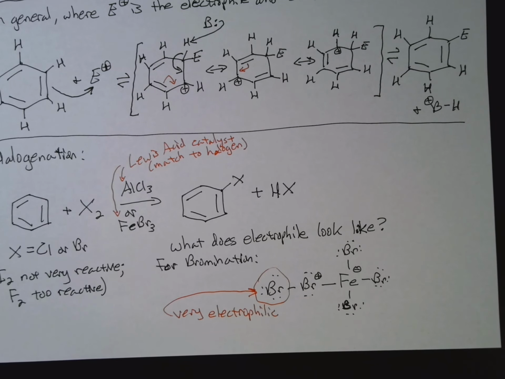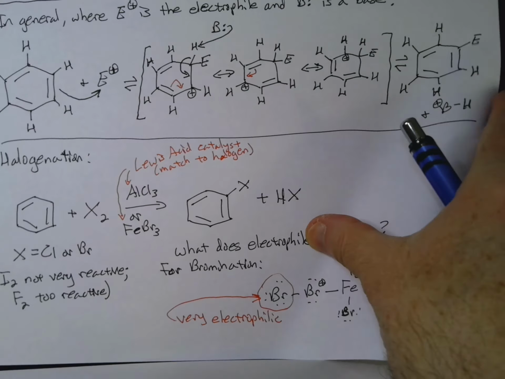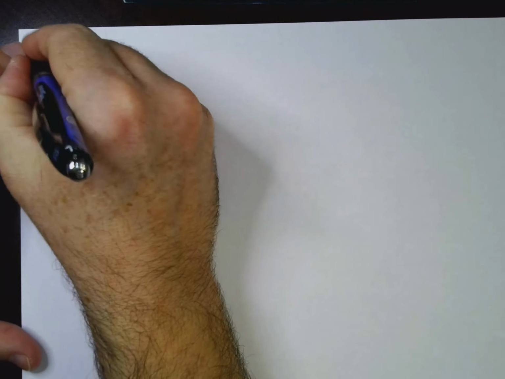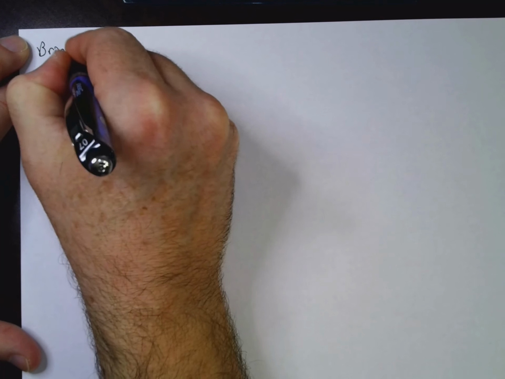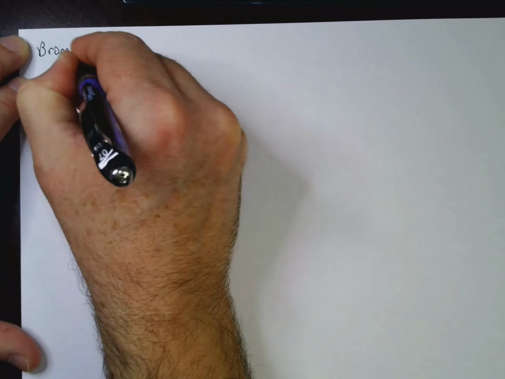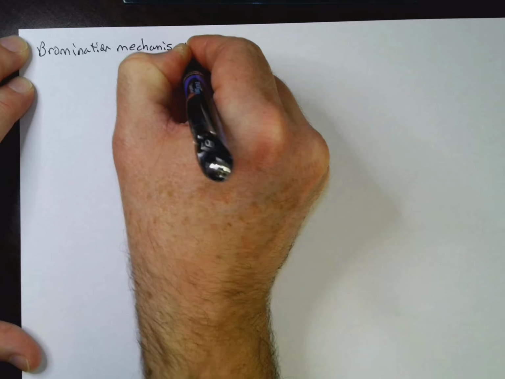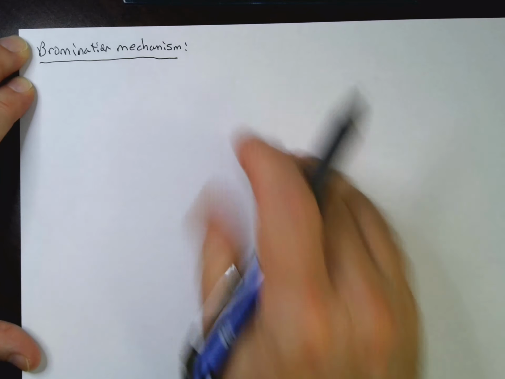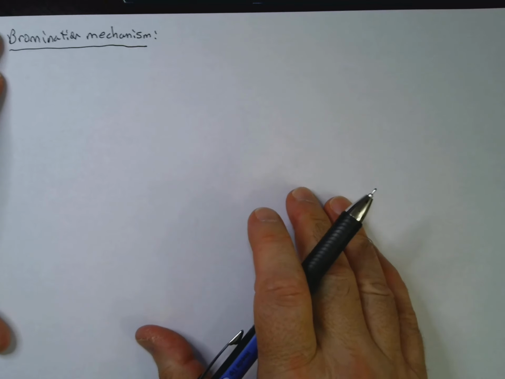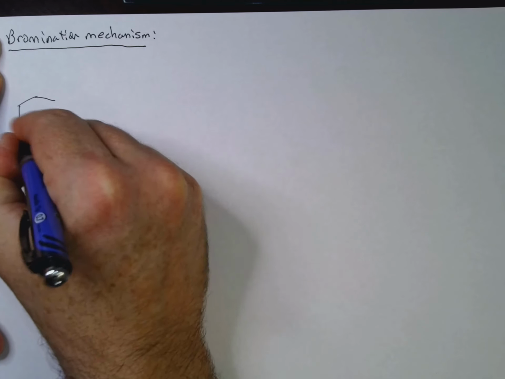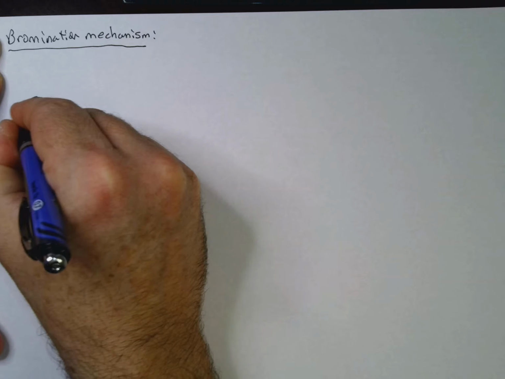All right, now let's say you have to go ahead and draw this mechanism. What's that going to look like? Well, we'll do the following. All right, so we'll start with our benzene here.